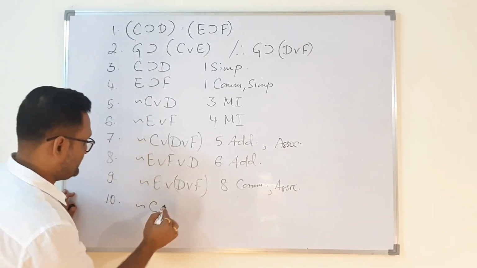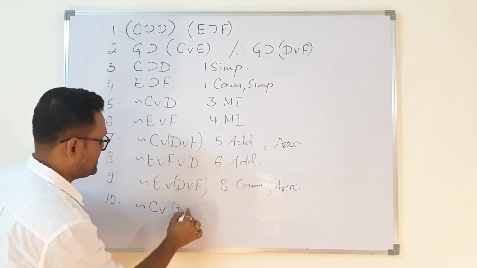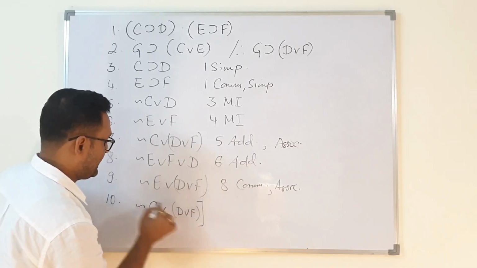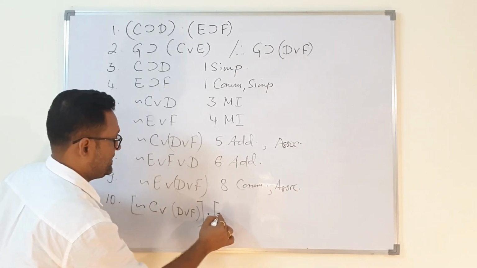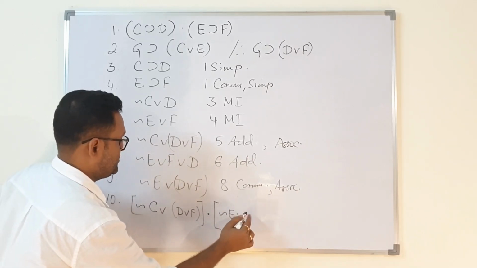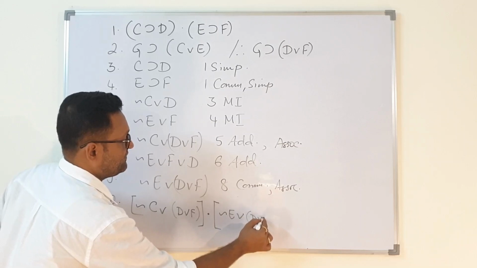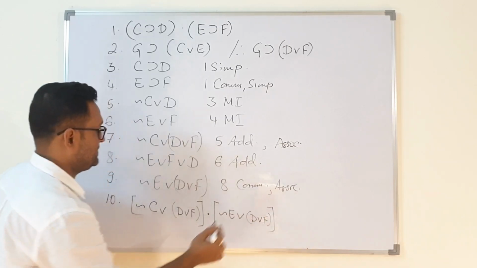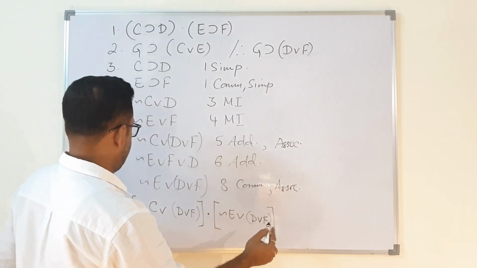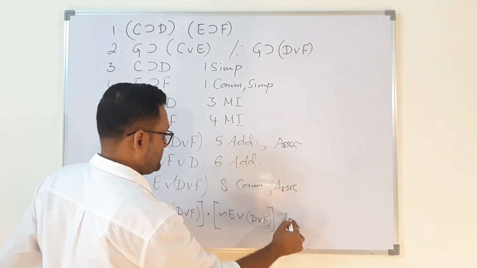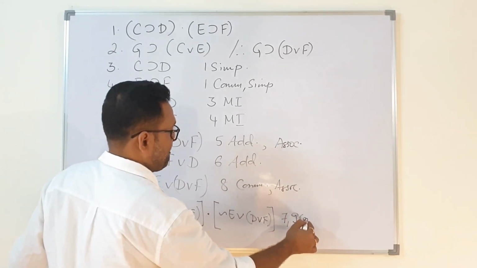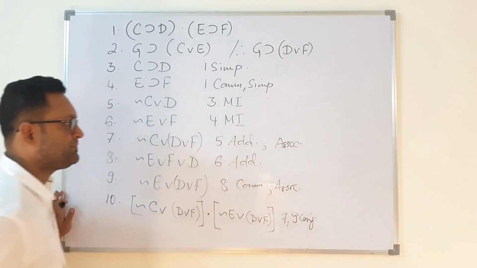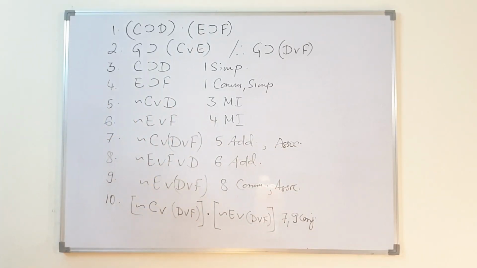So negation of C wedge, D wedge F, full bracket, dot, negation of E wedge, D wedge F, full bracket. So what I have done, I have put conjunction in 7 and 9. Fine. Okay. So I have conjoined these two together.